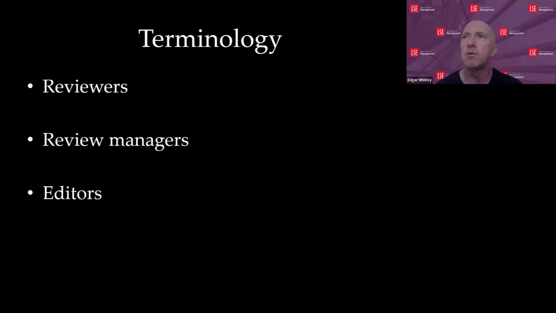The second role is the review manager, and the review manager does literally what the name suggests. They manage the review process. They select the reviewers, they form an opinion based on the reviewer recommendations, and then that review decision then gets conveyed back to the authors.